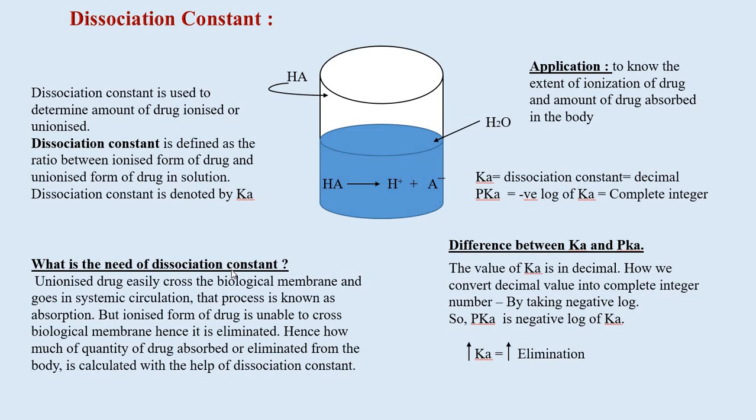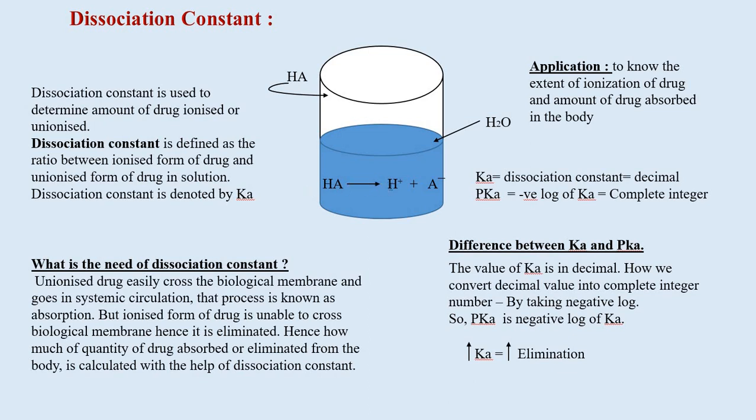Suppose this is a beaker, and in it I added 100 ml of water first. After that I add one drug, HA, and once that drug is added into the water, it has the ability to dissociate itself with the help of water.